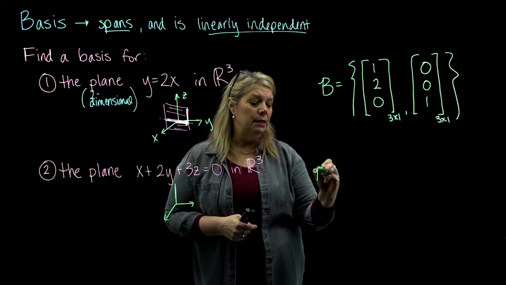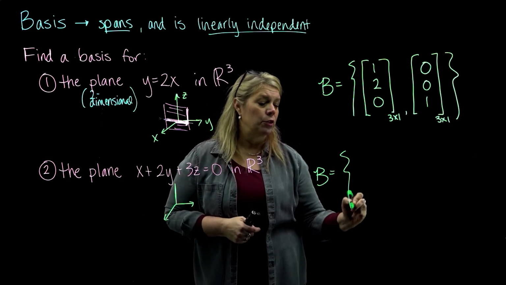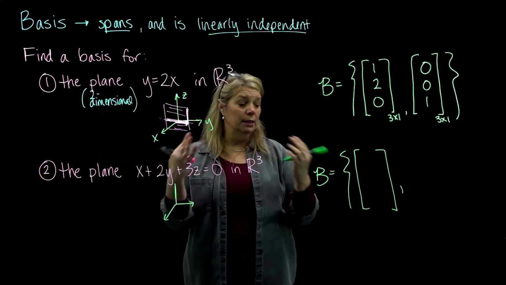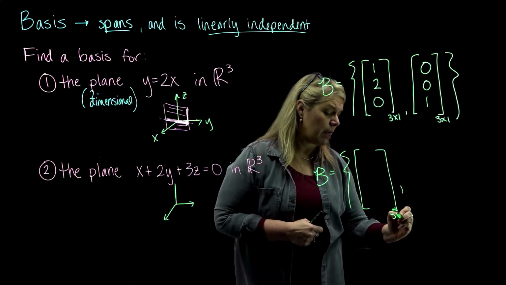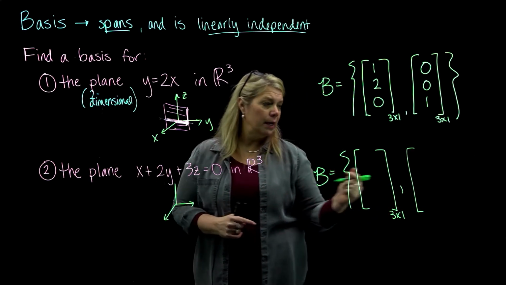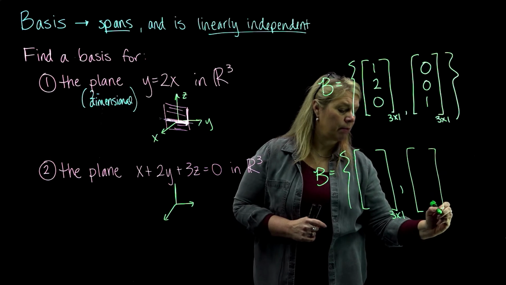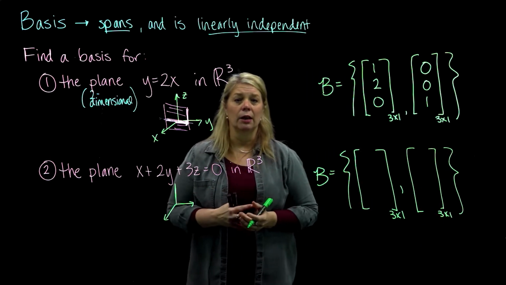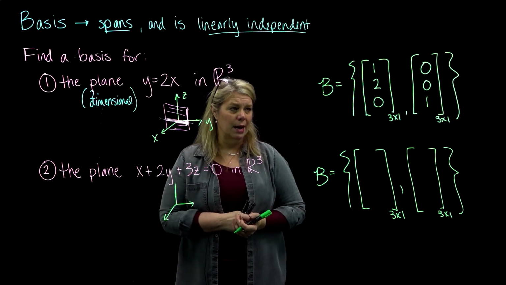So my basis should contain 2 vectors. Dimension is number of vectors in any basis. So 2 vectors. This plane is in R3, so these are going to be 3x1 matrices.